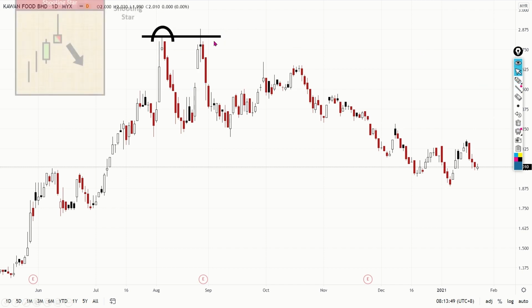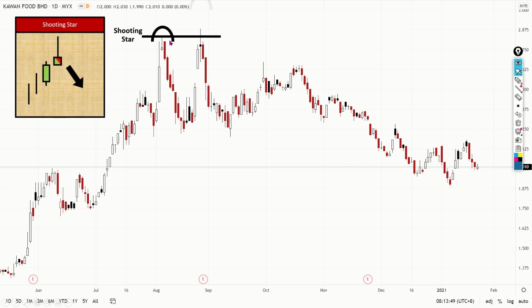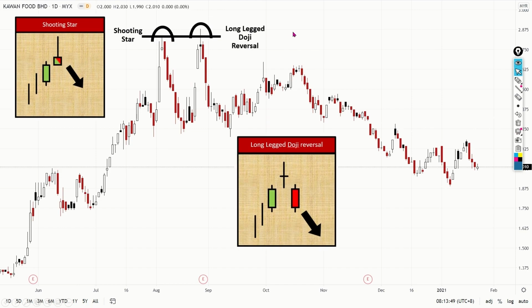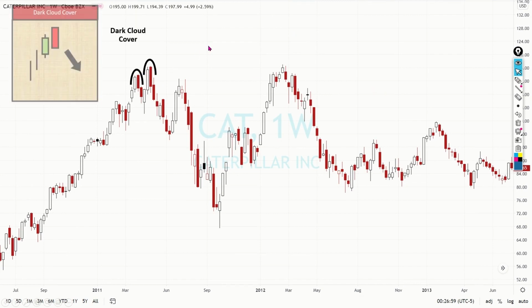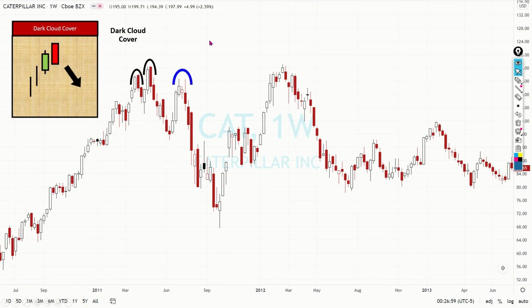At the same time, we can see a shooting star right here, which is very recognizable, and a long-legged doji reversal. Right, so now more: dark cloud cover for the first combination, and the first and second combinations are dark cloud cover.